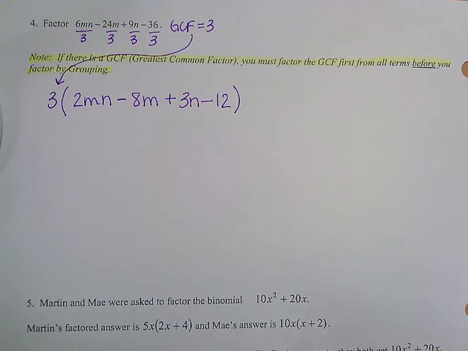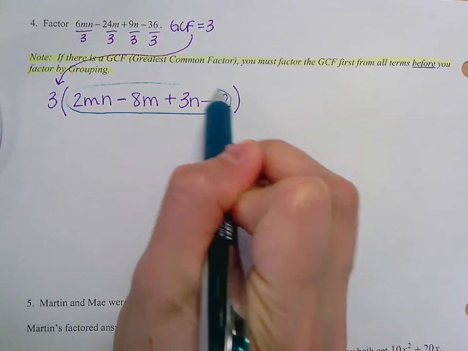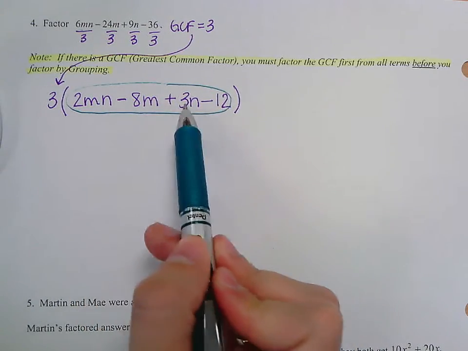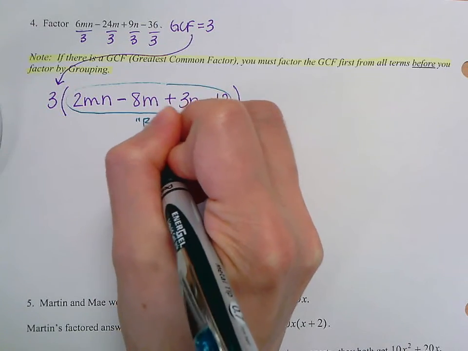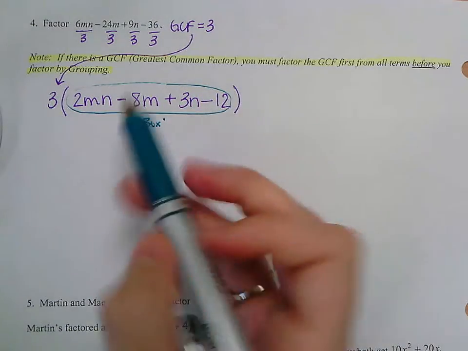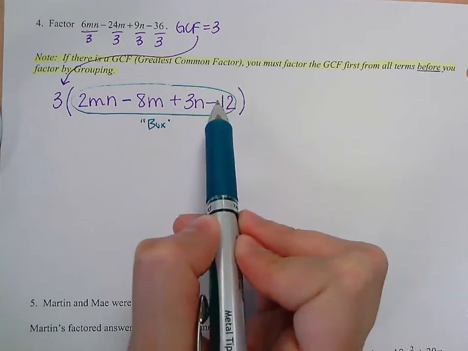Now, for what is in the parentheses here, this is still 4 terms. So now I factor by grouping here. I do the box method with these 4 terms, not the original 4, but these 4.